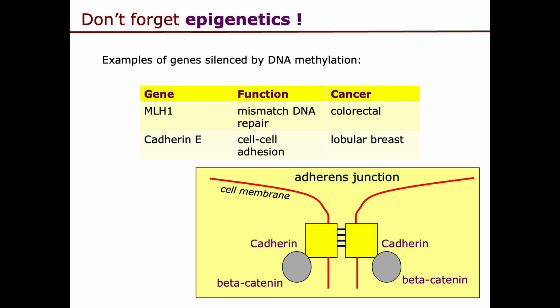MLH1 is a mismatched DNA repair enzyme, which is quite often silenced by methylation of its promoter in colorectal cancer. And cadherin E, which I mentioned earlier, is the cell-cell adhesion molecule that binds epithelial cell surfaces together. That is turned off in many lobular breast cancers by methylation of the DNA.